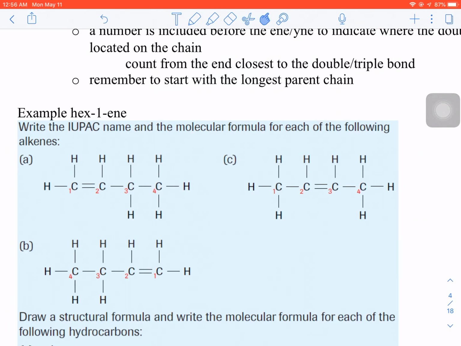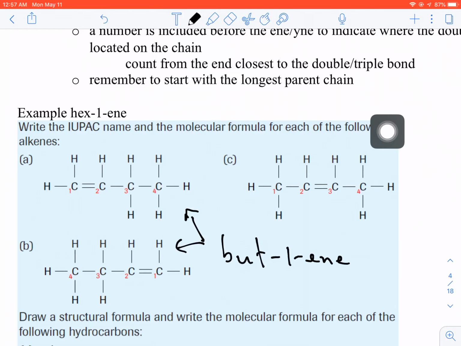And the way we do that is, again, by using our numbering system. So if I look at A and B here, A and B are both butene, except that A and B are but-1-ene, which means the ene, the double bond, is after the first carbon. That one and this one are both but-1-ene.